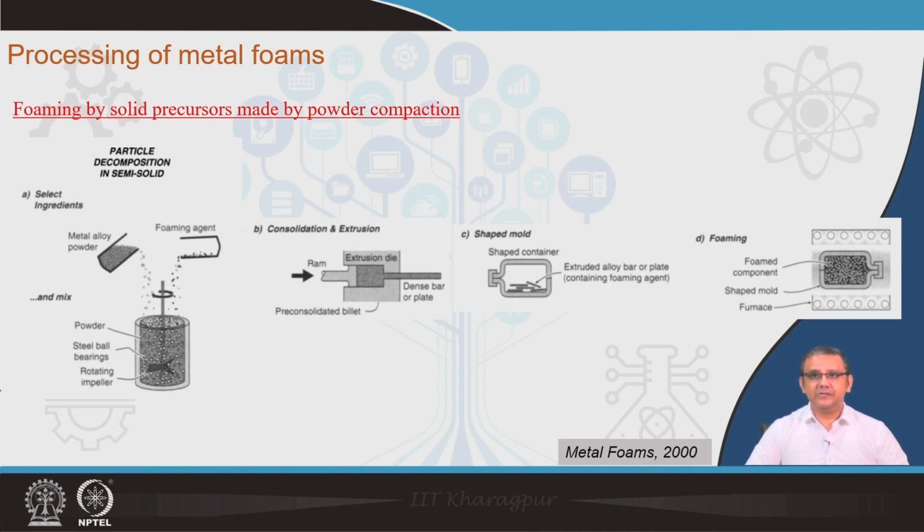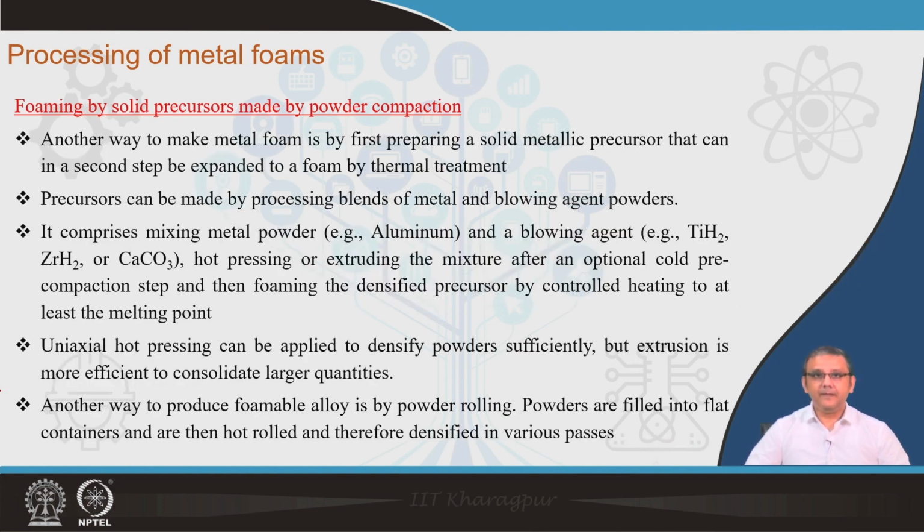It releases hydrogen gas, which acts as the pore former, and this metal foam expands and fills the mold, and we obtain a very homogeneous pore structure as shown in this schematic image. So, the basic description of the process is mentioned over here.